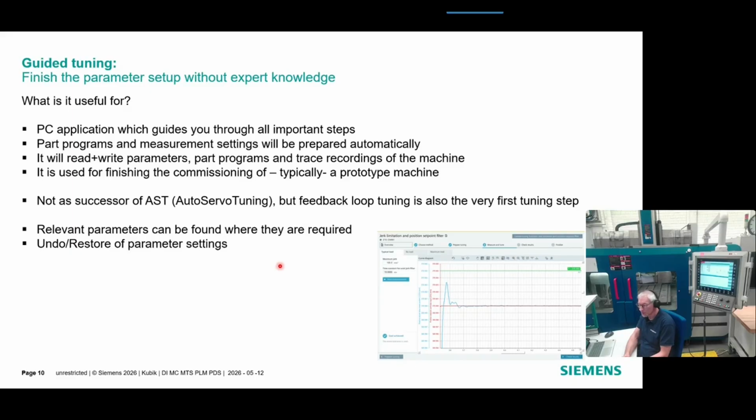Nice. But there is also a use case where it's really useful. When you apply new controls and drives to a machine, which is called retrofit, then you are in a similar situation as doing the first commissioning, and here it can support you too. Awesome. Thank you for the clarification.